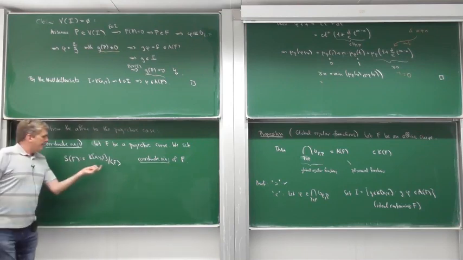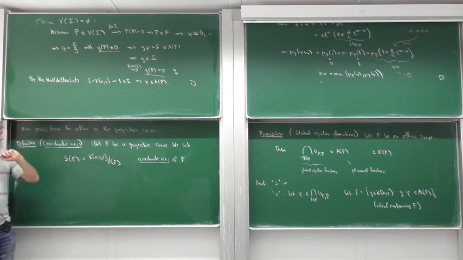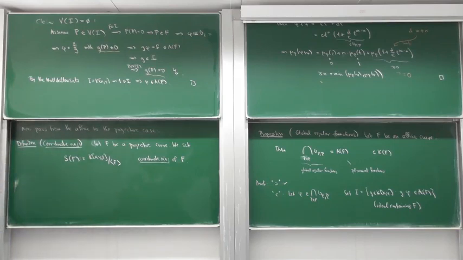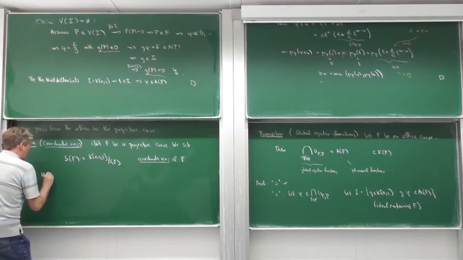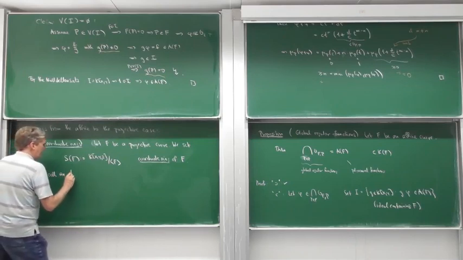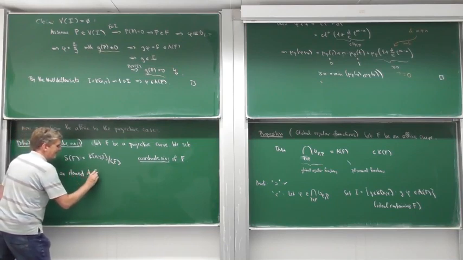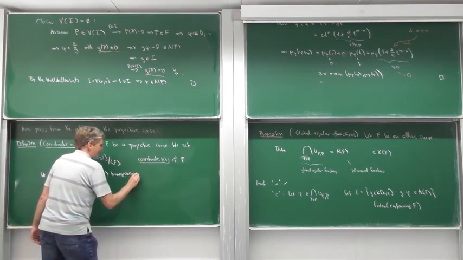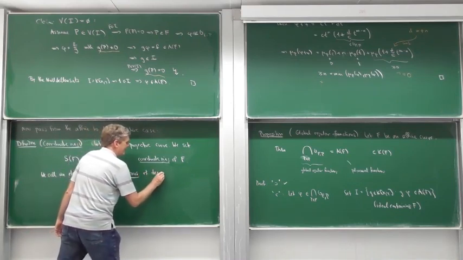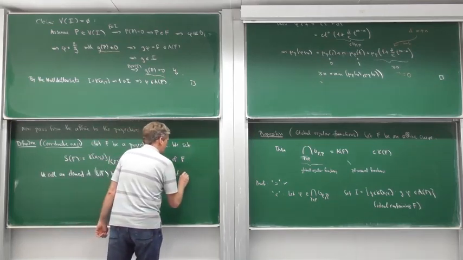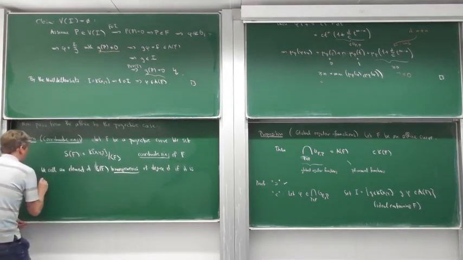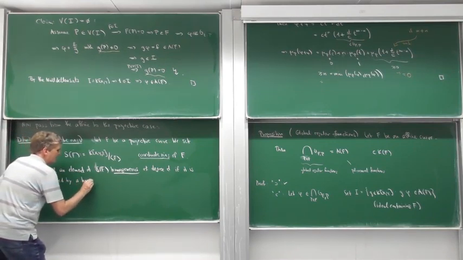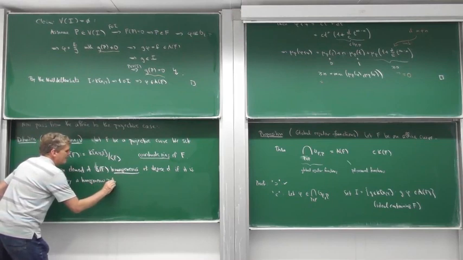We actually have F now a homogeneous polynomial, and that means that this ring here is also what's called a graded ring. I don't want to really introduce the theory of graded rings, but what we can say is, we call an element of S of F homogeneous of degree d simply if it has a representative that is homogeneous, so if it is represented by a homogeneous polynomial of degree d.